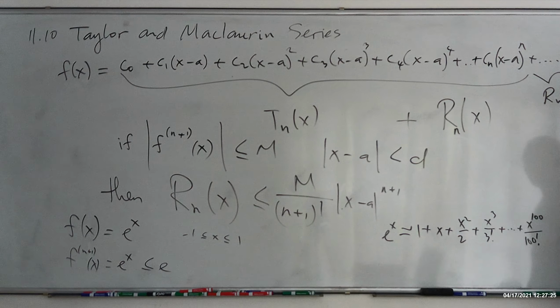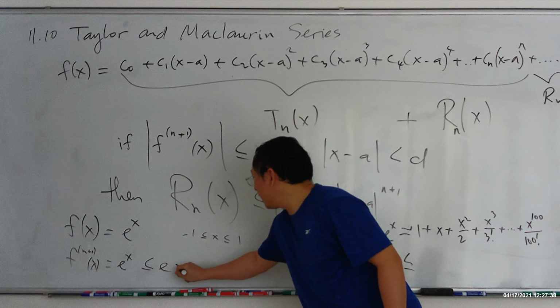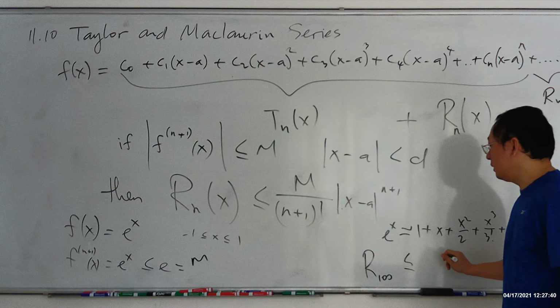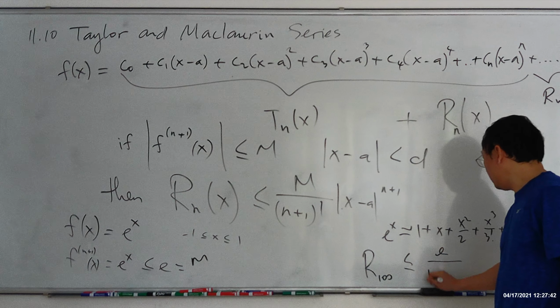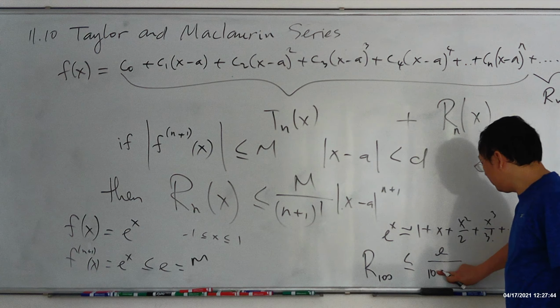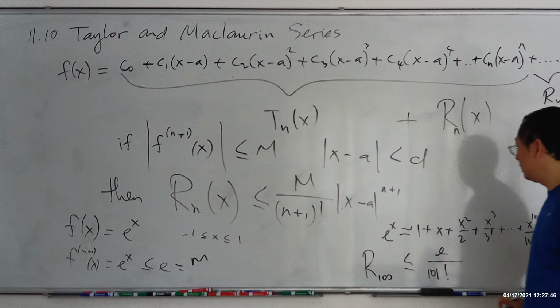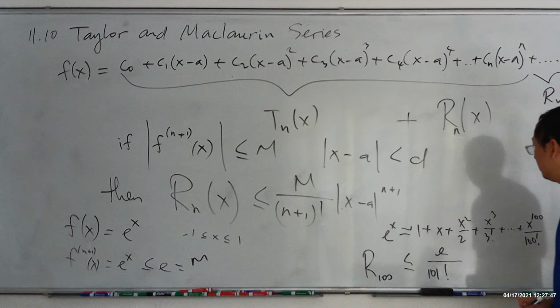Of course, whenever you approximate, you're going to make an error, and the error for 100 terms is going to be no more than, this is my M right here, right? No more than e over 101 factorial times x minus a, I use the center at 0, so times x to the 101. Okay.